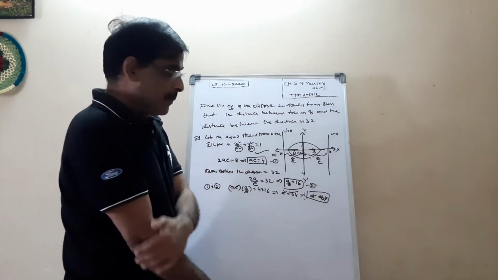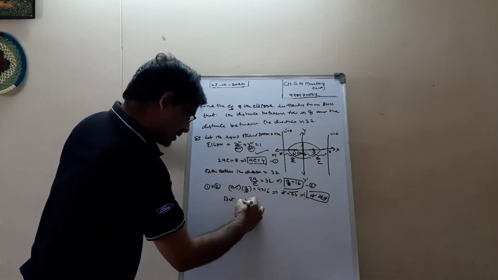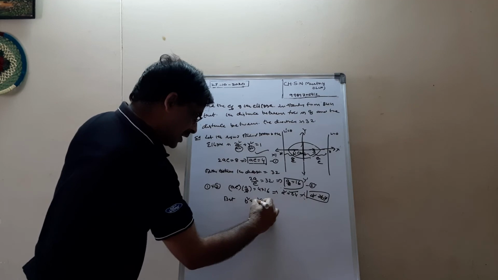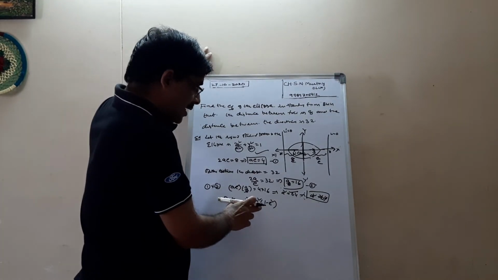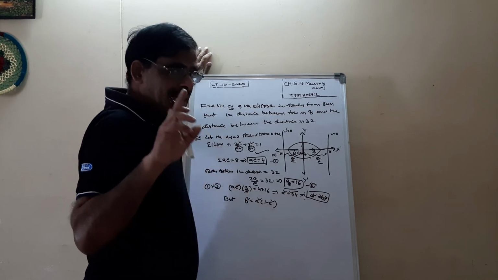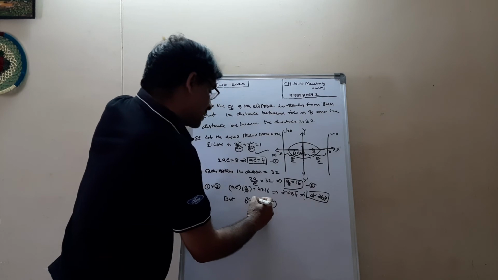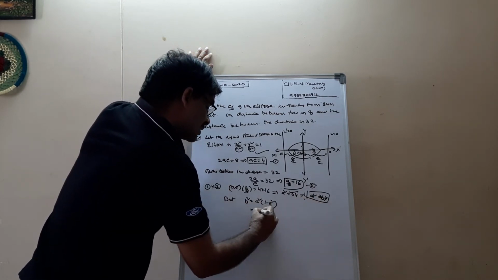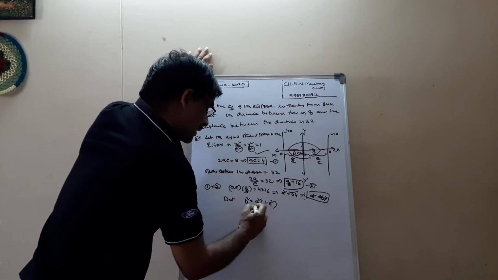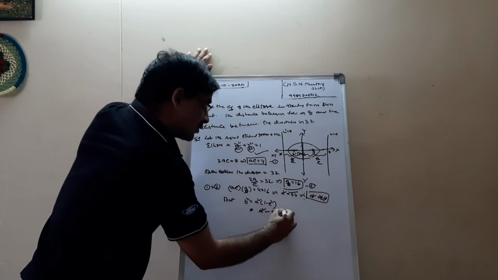Now we have to find the b square value. We have a relation: b square equal to a square into 1 minus e square. I proved this one while solving the standard equation of the ellipse. We know the value of a square, 64. Let me write like this: b square equals a square into 1 minus e square, that is a square minus a square e square.